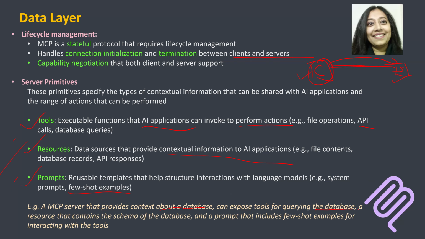You can create a resource that contains the schema of the database, that provides some kind of contextual information. And you can use prompts to include few-shot examples for interacting with the tools. So now you see that when you create an MCP server, you can use tools, resources, and prompts effectively. Now, of course, this is not true for all scenarios, but in most scenarios, yes, you will be able to use them.